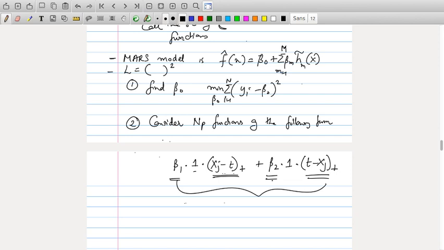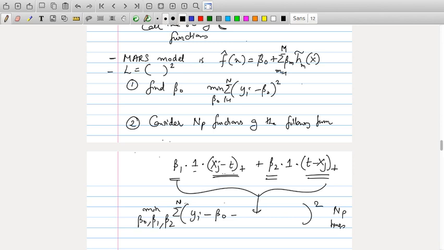So what I'm going to do is minimize over beta naught, beta 1 and beta 2 of the same thing, the sum over n of (yi minus beta naught minus this term here) squared. I can do this NP times.